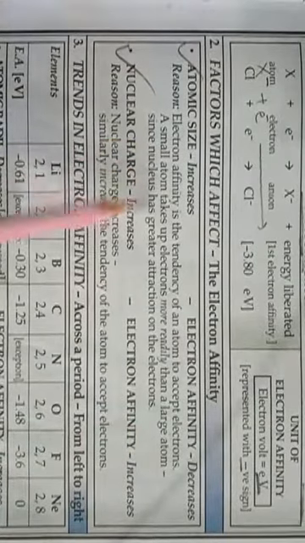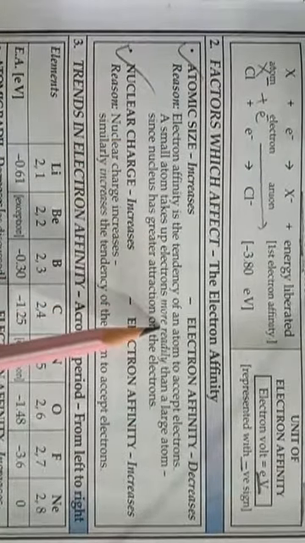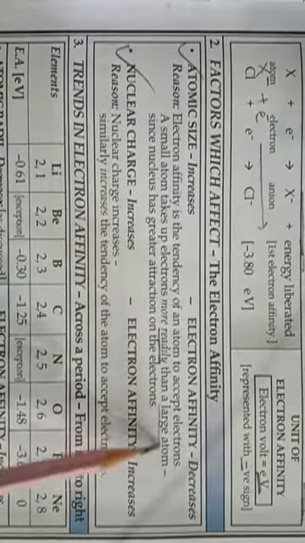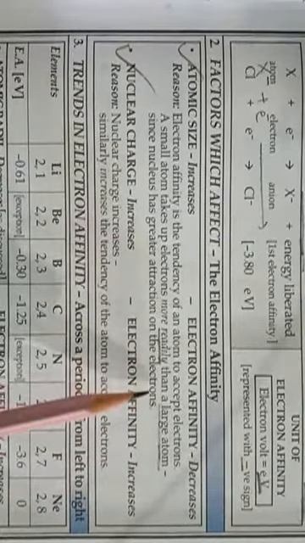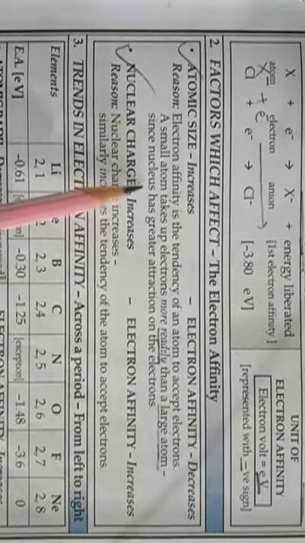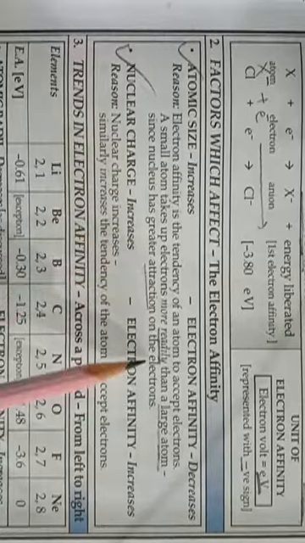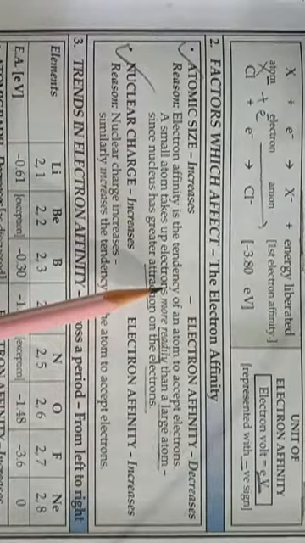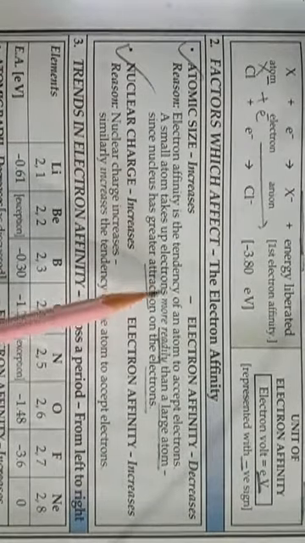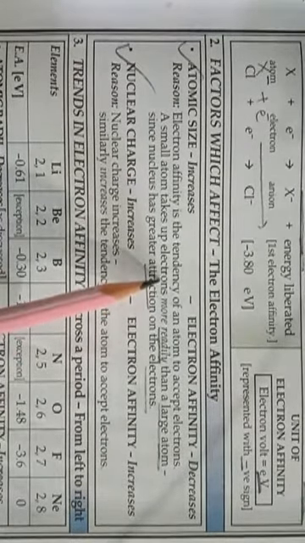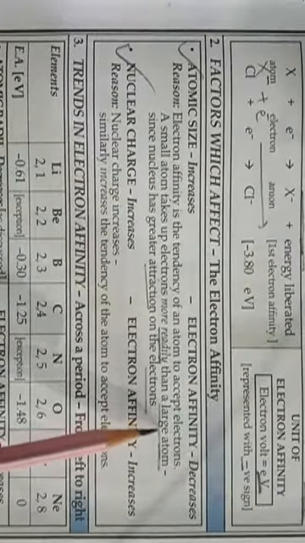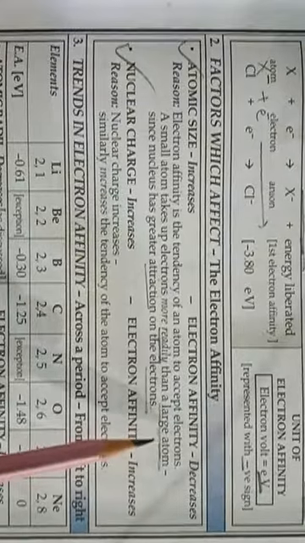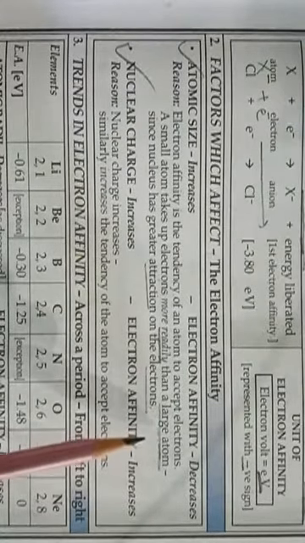A small atom takes up electrons more easily than a large atom, since the nucleus has greater attraction on the electrons. It means the smaller the atom, the higher its electron affinity, and the larger the size of the atom, the lesser its electron affinity.